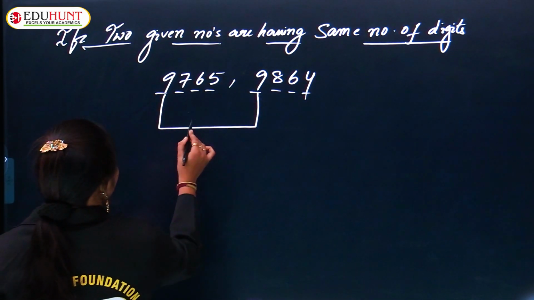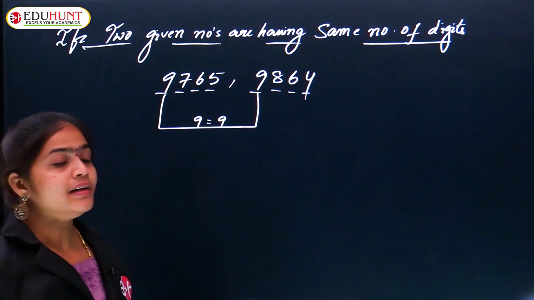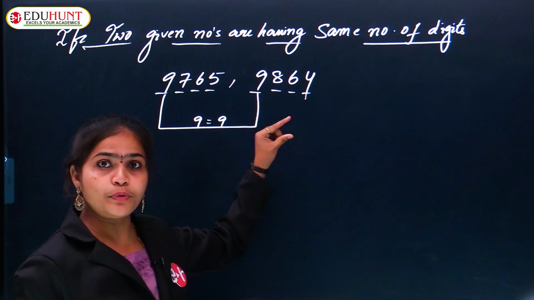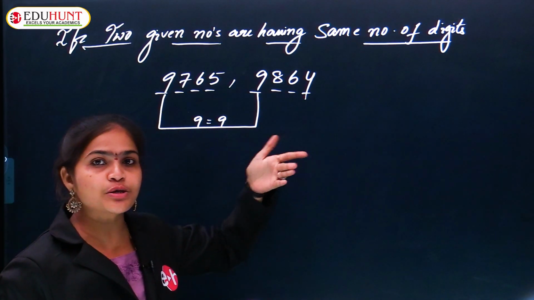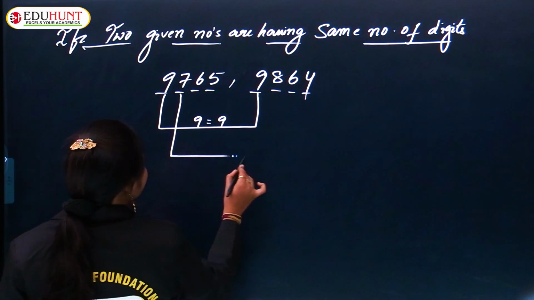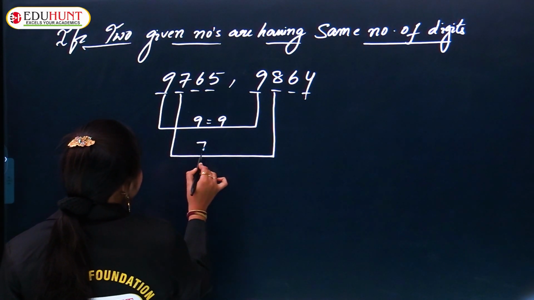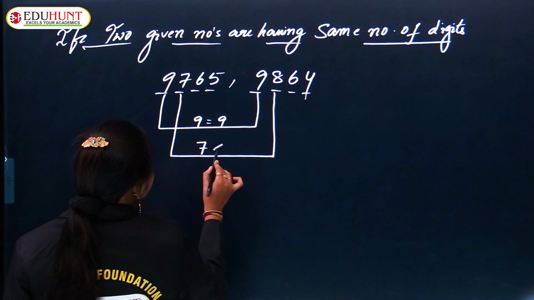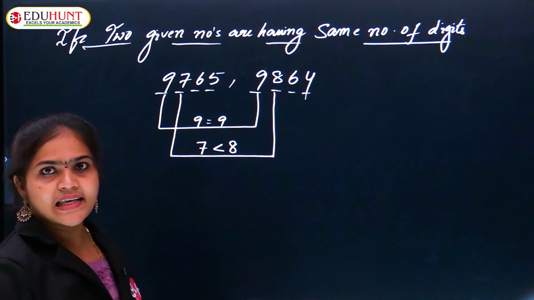Here 9 is equal to 9. If the digits in the highest position are the same, we go to the next place value, the hundreds place. Here 7 is there, here 8 is there. 7 is less than 8.